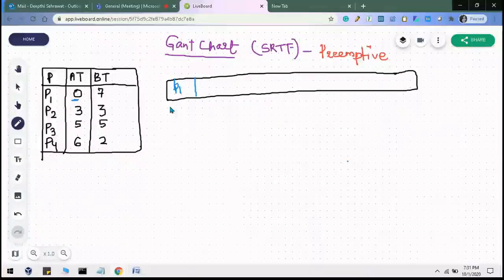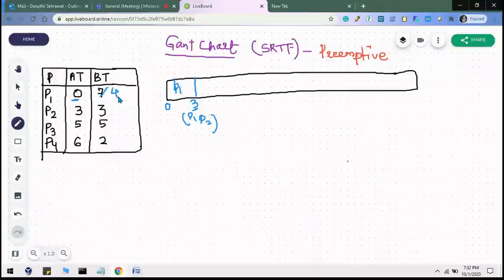So we are drawing the Gantt chart for this. Initially the time is 0 and P1 will run for the next 3 milliseconds. Now the time left for P1 is 7 minus 3, that is 4. At the third millisecond, how many processes are there which can take the CPU? P1 is there as well as P2.